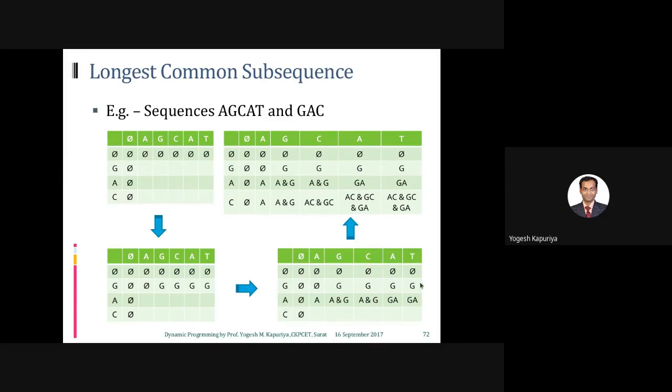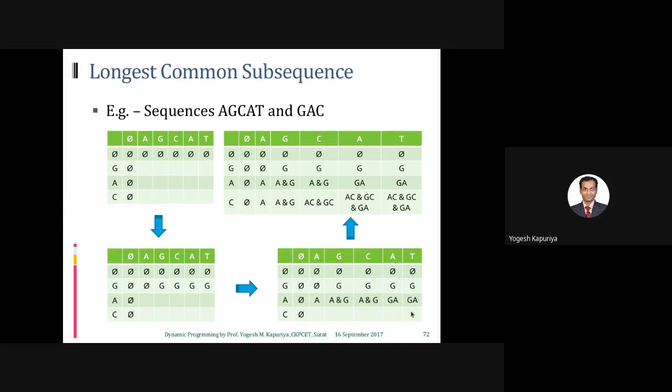They are not matching, so you will see previous row or previous column. Previous row is G, previous column is GA, which is longest. So that's why you write the longest, GA, over here. So by this, it tells you that when your first sequence is GA and second sequence is AGCAT, then this is the longest common subsequence, GA.